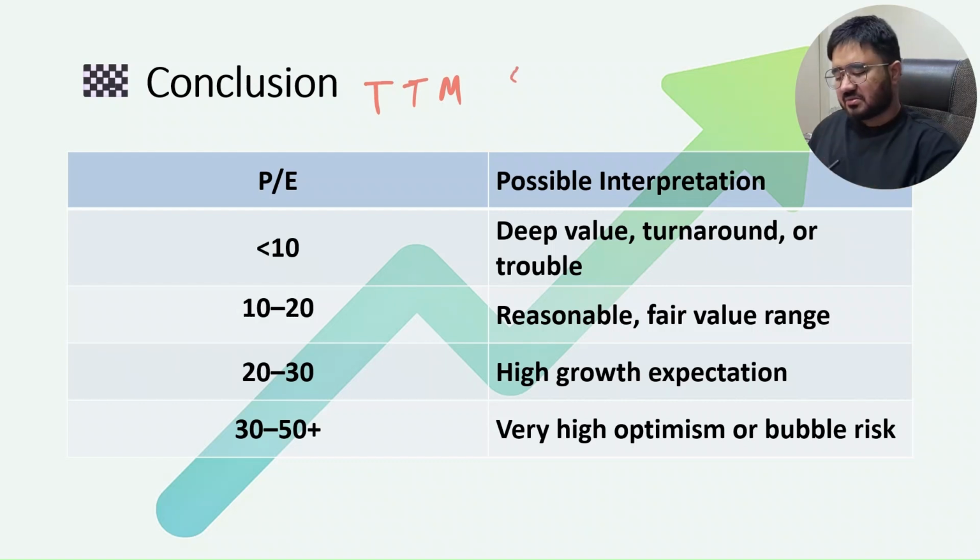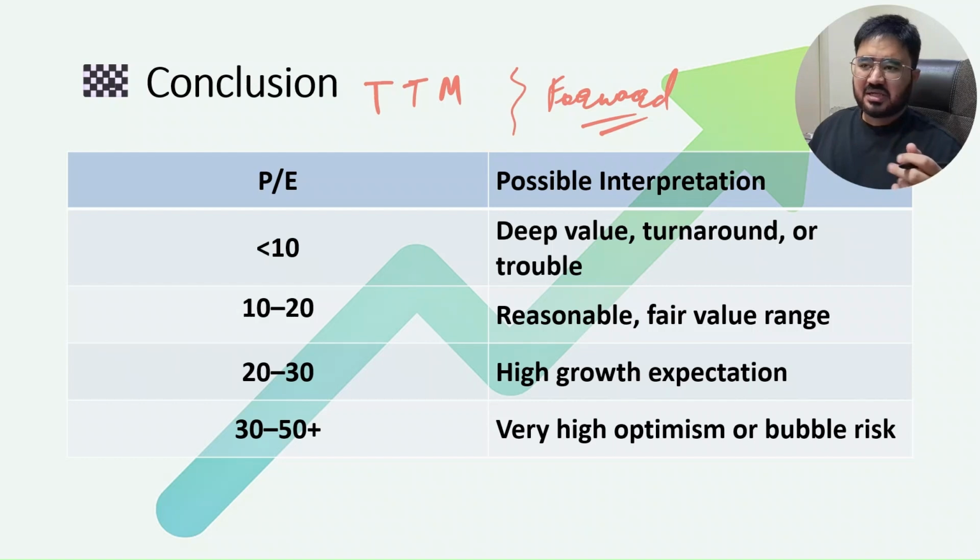And there is also forward price to earnings, where they take the future projected earnings given by the management or by a respected analyst. So which is more reliable? I think TTM is more reliable. Forward, we cannot really know how much the company could earn, right? We cannot see the future.